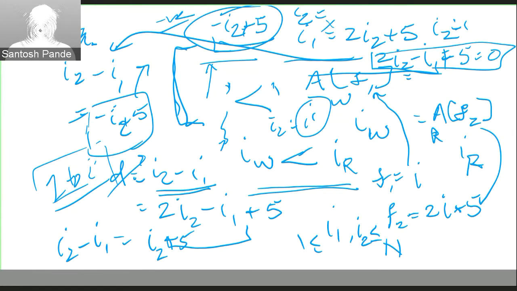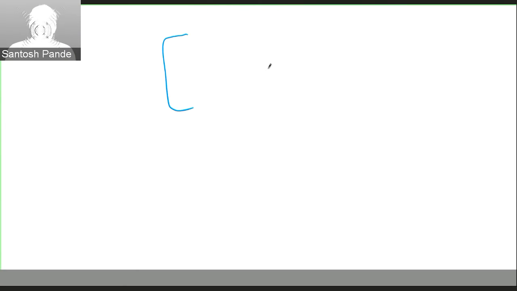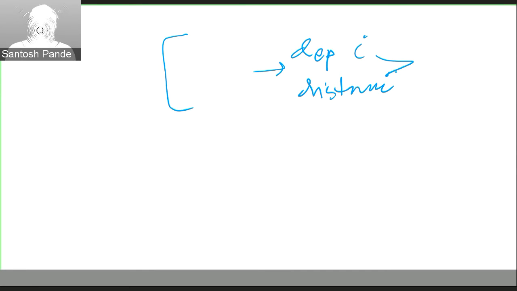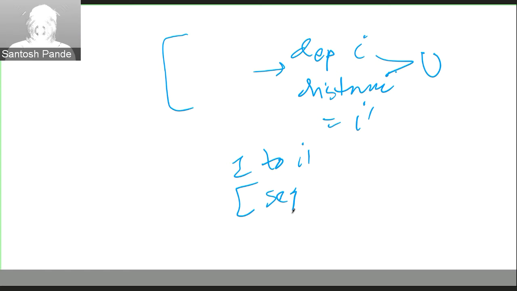So in short, it takes this loop and analyzes it for dependence distance, and finds at what index the dependence distance exceeds the loop upper bound. Let's say that value is I dash. Now what it does is, from 1 to I dash, it has a sequential version of the loop and follows it with I dash to U, because there is no dependence now.